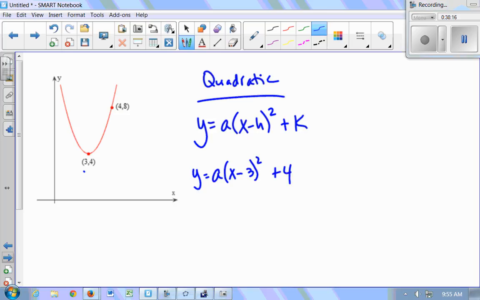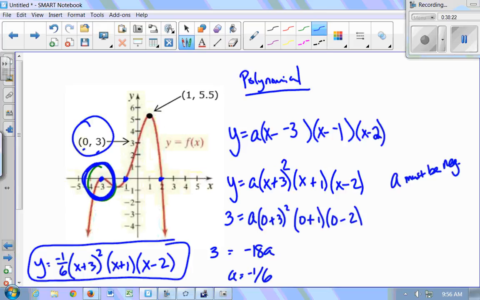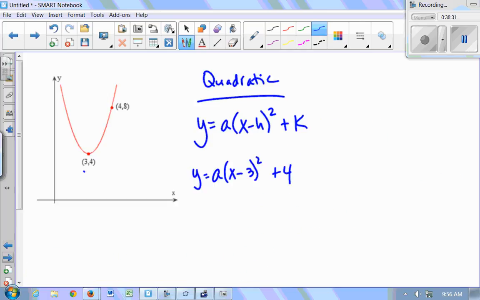So then the only thing I still need to figure out is what is a. Exact same thing I did in the last problem, right? Take any point, plug in the x coordinate for the x's and the y coordinate for the y's, and the only thing missing then will be the a.